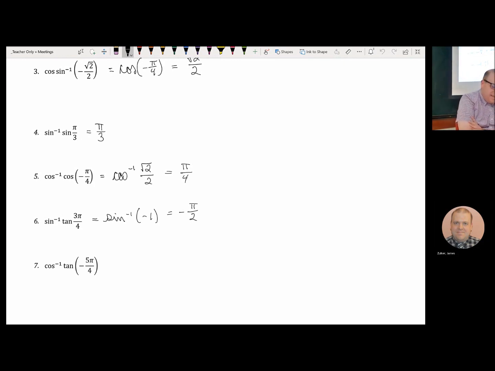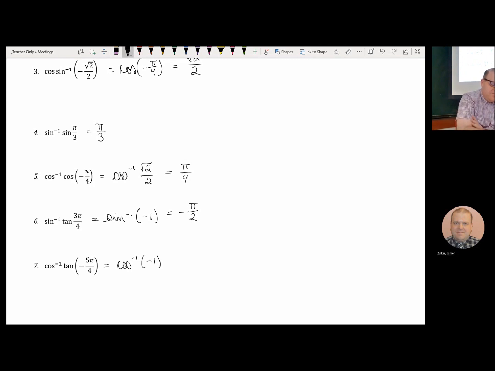Inverse cosine of tangent of -5 pi over 4. What is the tangent of -5 pi over 4? Same as 3 pi over 4, right?